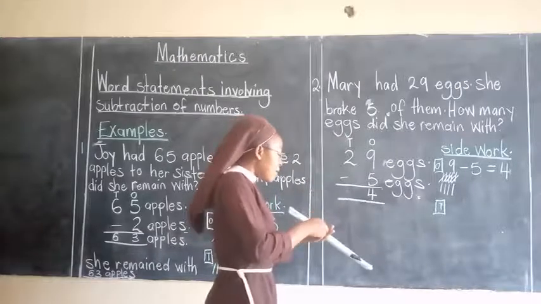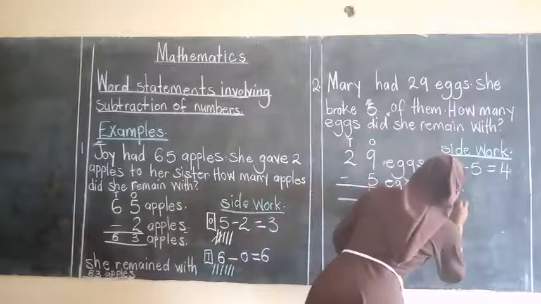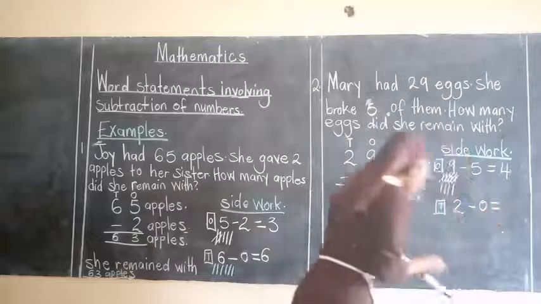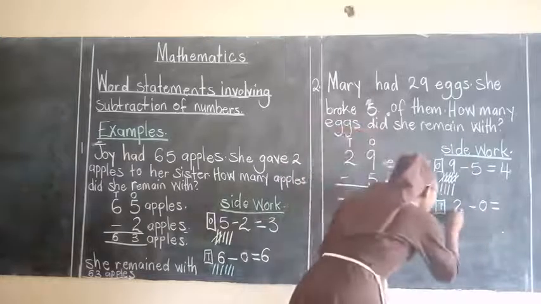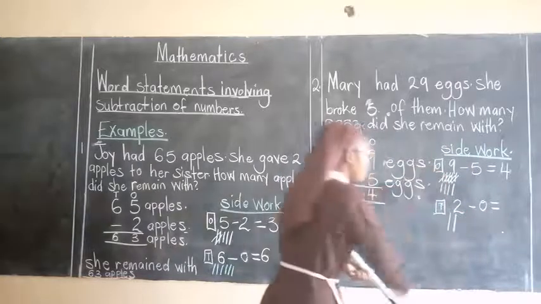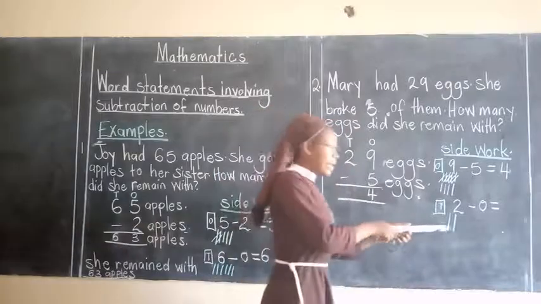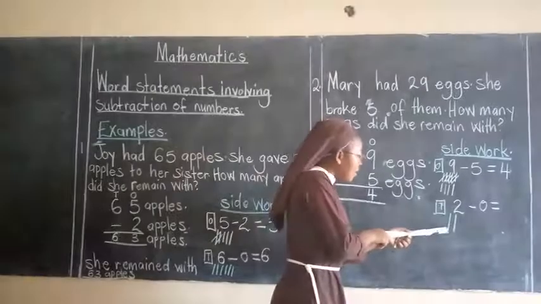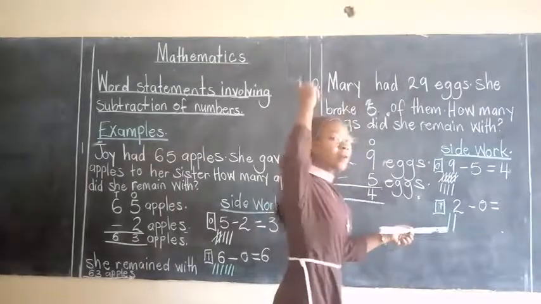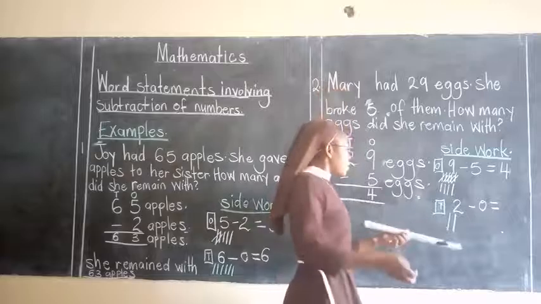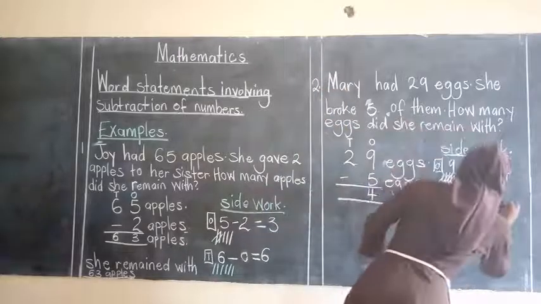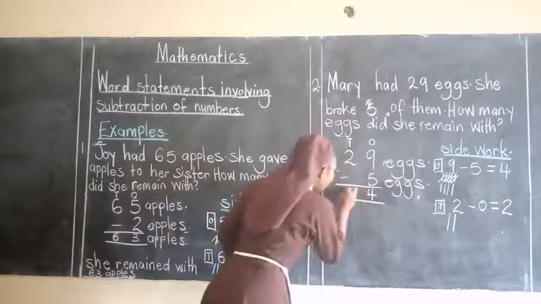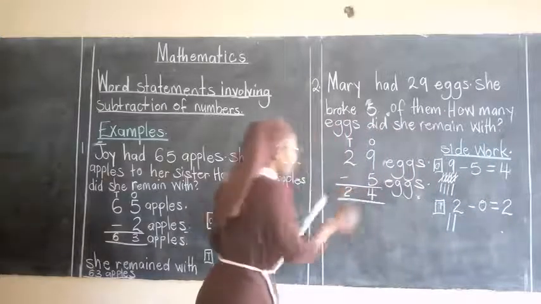We say 0 is the same as nothing. So we shall write 2 take away 0. We shall draw our 2 counters here. 1, 2. From the 2, we are taking away nothing, meaning we are going to remain with the 2. So 2 take away 0, we remain with our answer as 2. We come under the tens place value and we write 2.